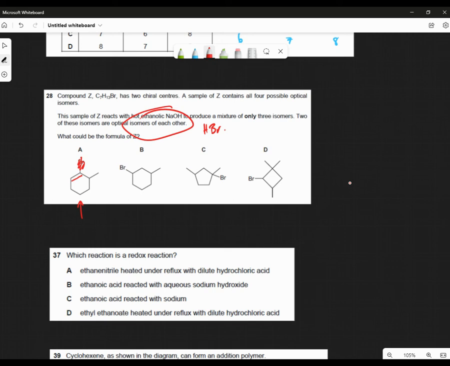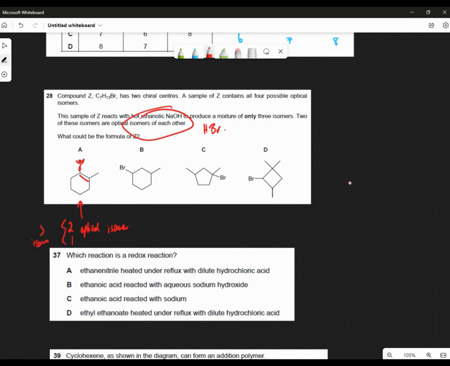All right, and because this is chiral, there's 2 optical isomers of this. And if the Br goes and the hydrogen here goes, this is no longer optical. So all of that goes. So this is the other isomer, but it's not optical. So this gives 3 isomers.